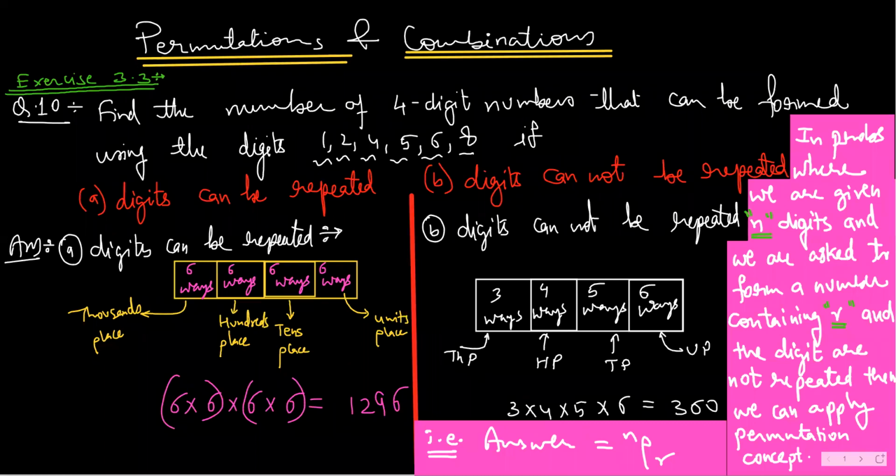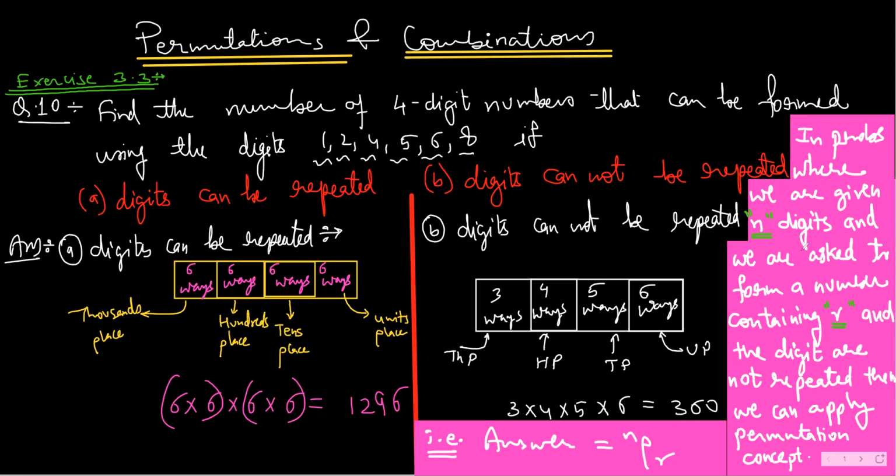Students, so here we will add something to this. What I said is, in problems where we are given n digits, as such, even if that was not written, when the question arose, we would have taken care.